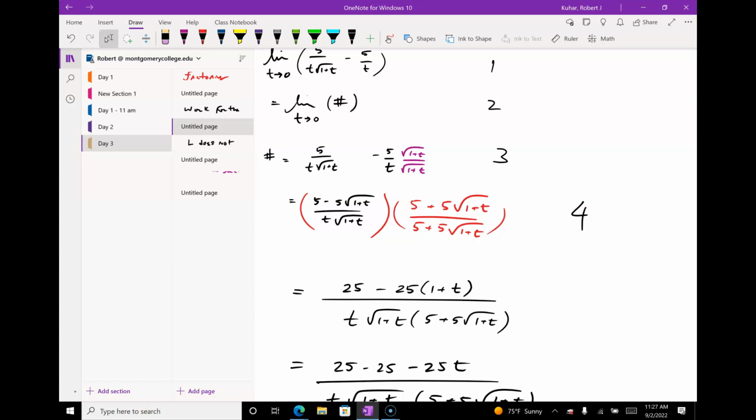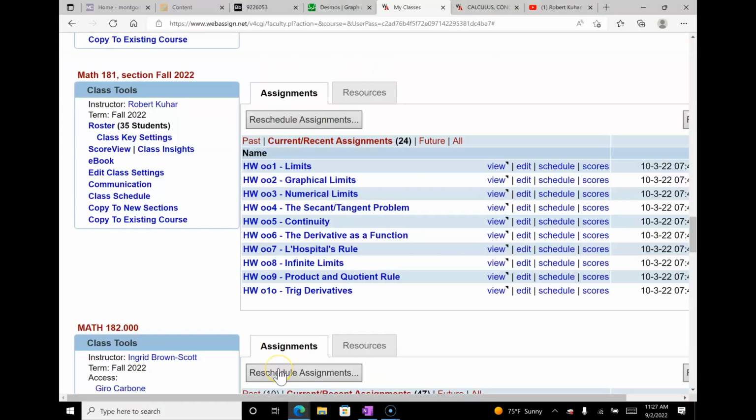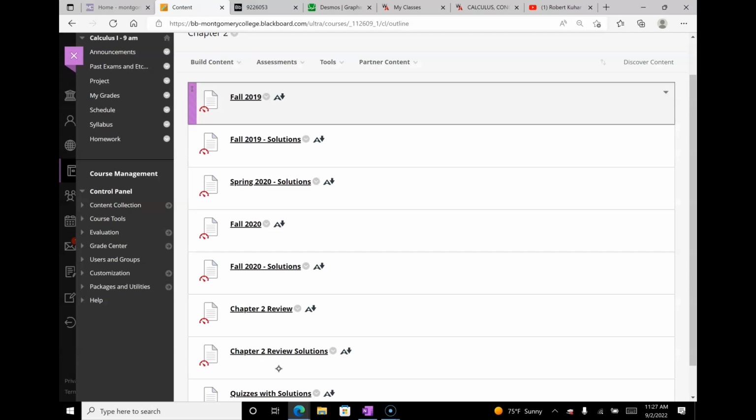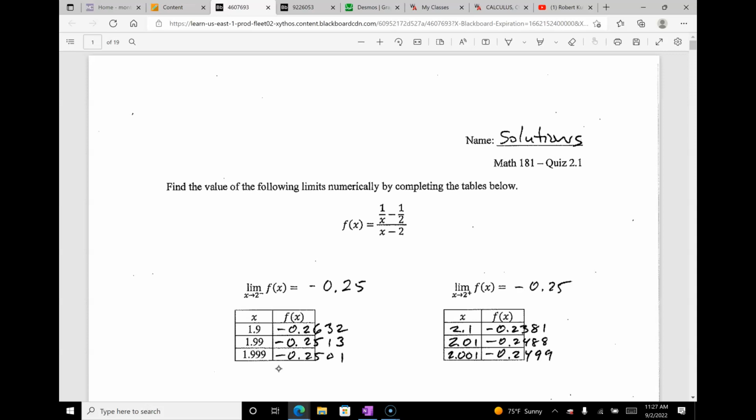Algebraic limits only. So either factoring, LCDs, conjugates, or a combination of them. If I'm looking at the old quizzes, you can mark this down right now as I go through them, which ones do I like? The first page.